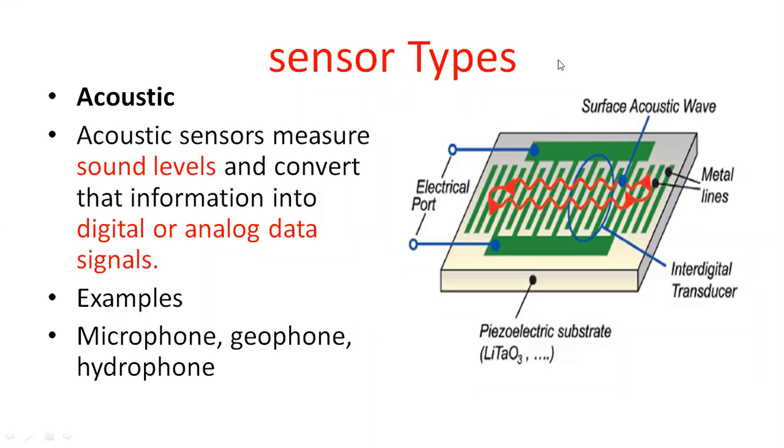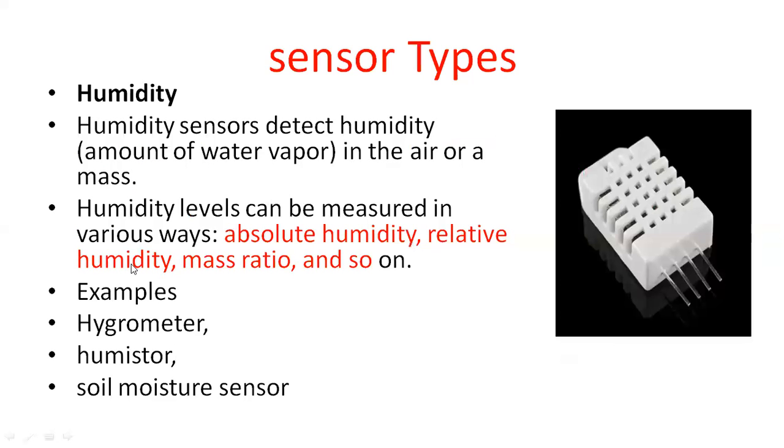Here these are all different examples of the acoustic sensor. Next, the humidity sensor. A humidity sensor detects the humidity in the air or mass. Humidity means the amount of water vapor in the air. The humidity levels can be measured in various ways: absolute humidity, relative humidity, mass ratio, and so on.